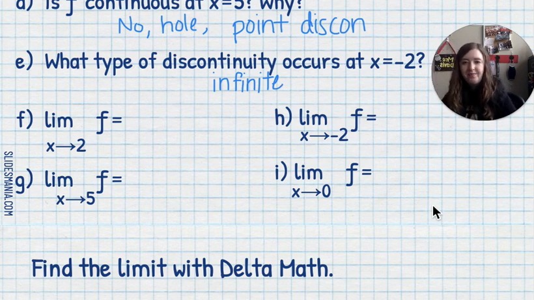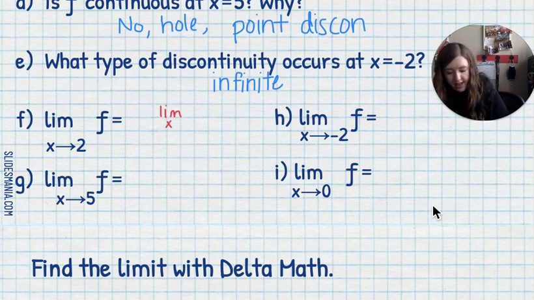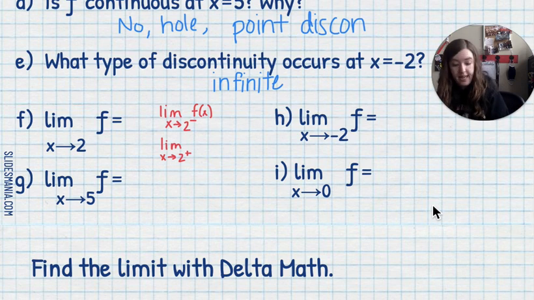Cool. So now we want to find the limit as x approaches 2 of f. So let's think about it this way. We're also going to have to make sure that the limit as x approaches 2 from the left and the limit as x approaches 2 from the right are the same.